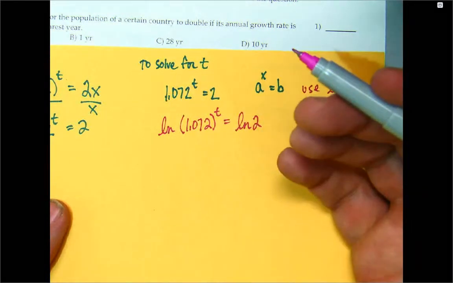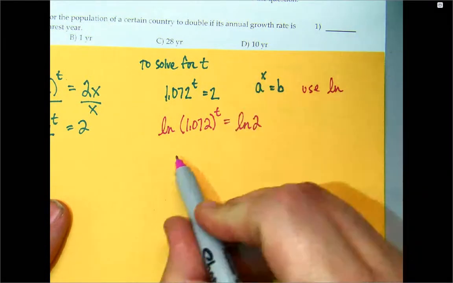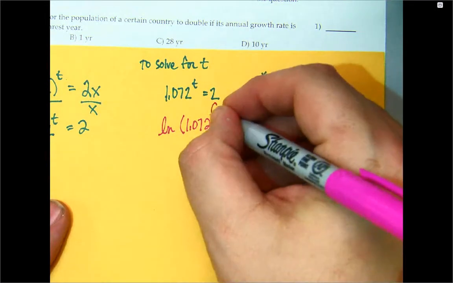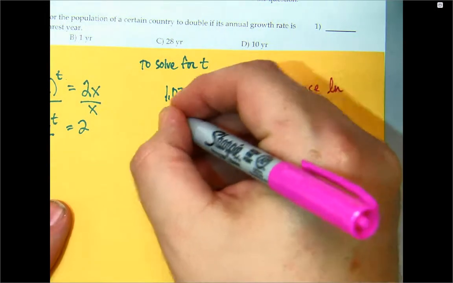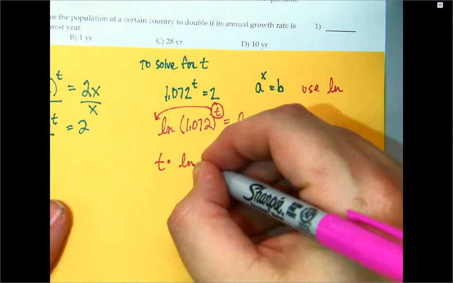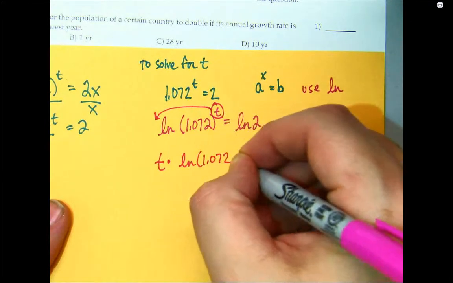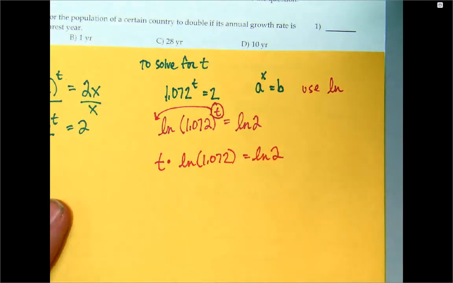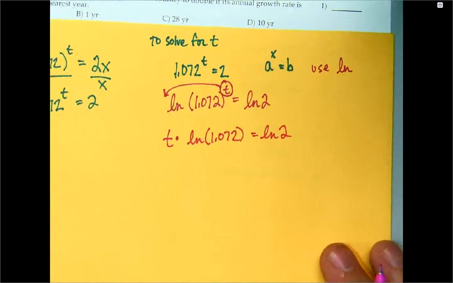If you have this situation where you take the natural log of something to a power, you can actually bring this out front and say it's going to be t times the natural log of 1.072 is equal to the natural log of 2. So using a natural log to solve for a variable when the variable is an exponent is something that is extremely powerful and used a ton.